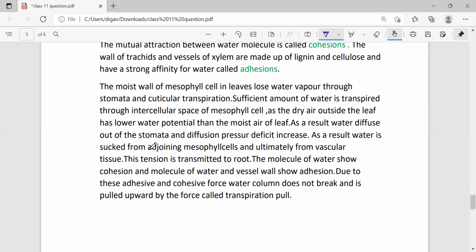As a result, water is sucked from the adjoining mesophyll cells and ultimately from the vascular tissue. This tension is transmitted to the root, and the water molecules show cohesion and adhesion with the vessels. Due to these two adhesive and cohesive forces, the water column does not break and is pulled upward by the force called transpiration pull.